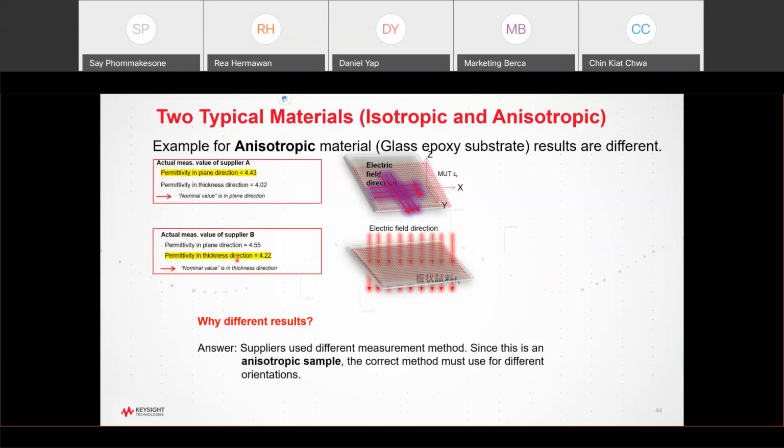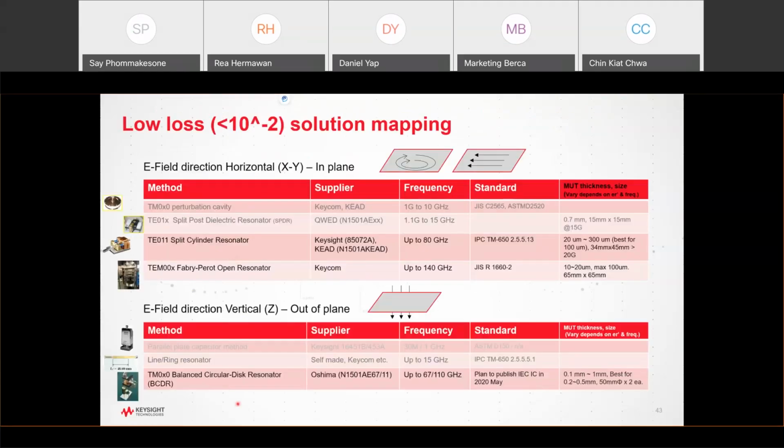So if I go back to this slide, which fixture actually provides the in plane measurement method? In this case, the balanced circular disc resonator provides the in plane method, or this fixture, the ring line resonator.